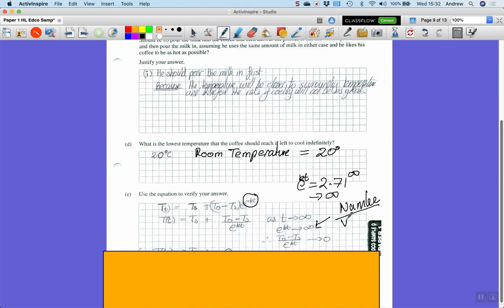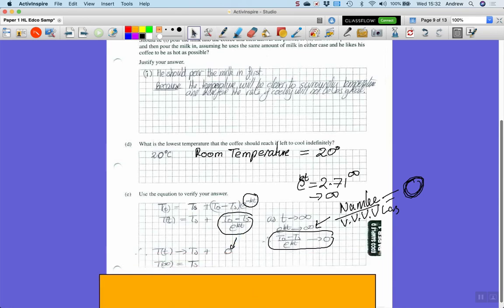If you're dividing a number by something very, very large, it's going to be equal to 0. So this whole section is going to disappear and become 0.